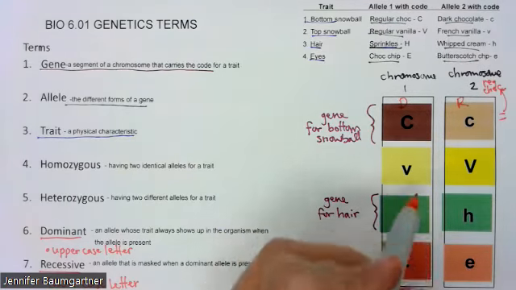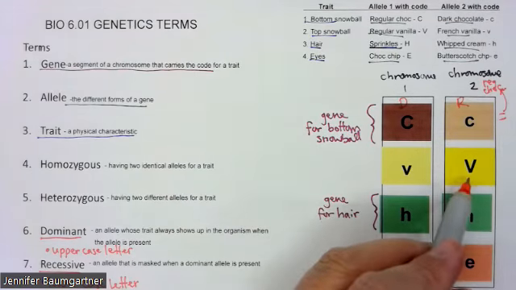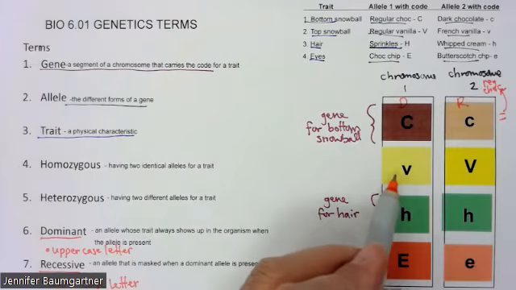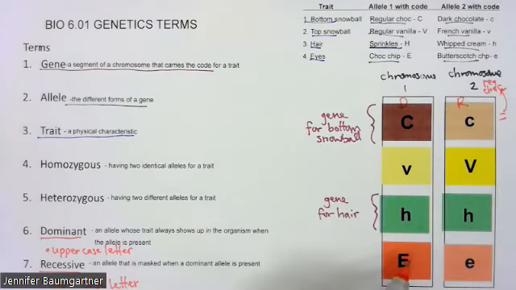So for example, let's go down through here. I have a capital V and a lowercase v. This is French vanilla, which is a really creamy vanilla. This is regular vanilla. So this is dominant, this is recessive. We're going to have regular vanilla ice cream in the snowman. Down here, I have a capital E and a lowercase e. Capital is chocolate chip, lowercase is butterscotch chip. So this gets masked, this gets hidden.